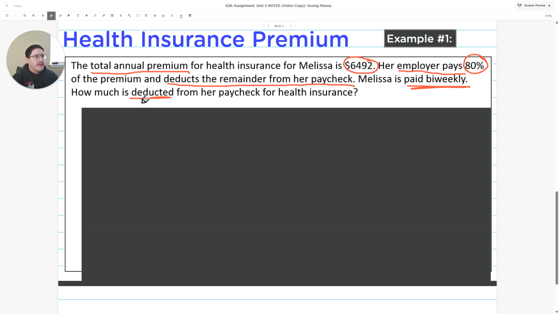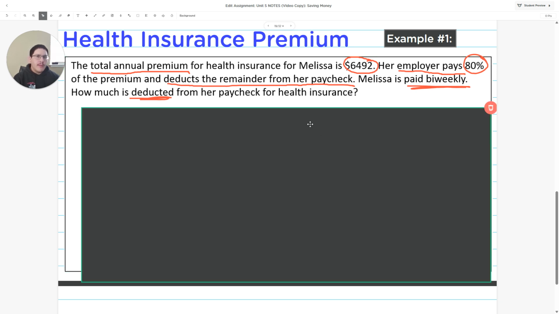How much is deducted from her paycheck for health insurance? So, a couple key things here are the total annual premium, how much her employer pays, which will then also tell us how much she actually has to pay, how much Melissa will have to have deducted from her paycheck, and that Melissa is paid bi-weekly.